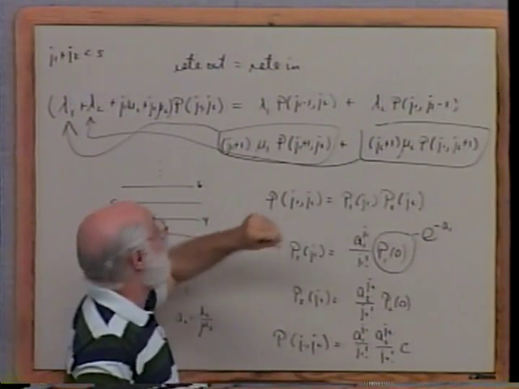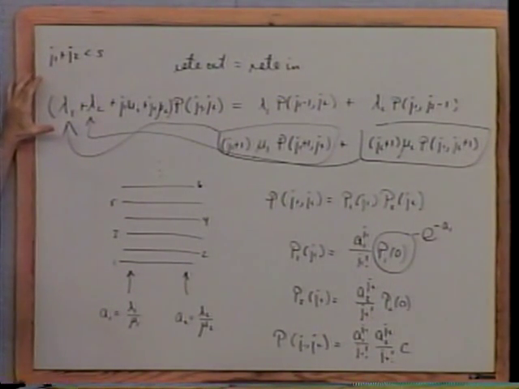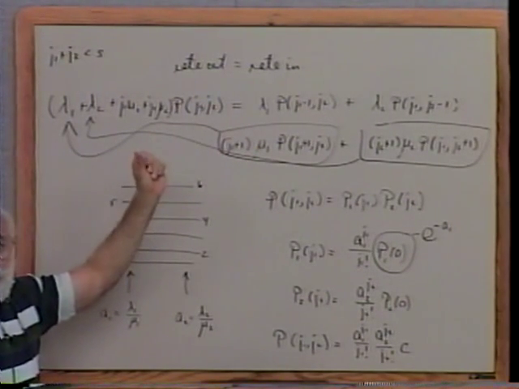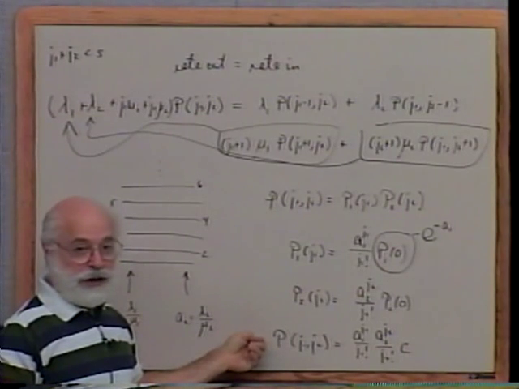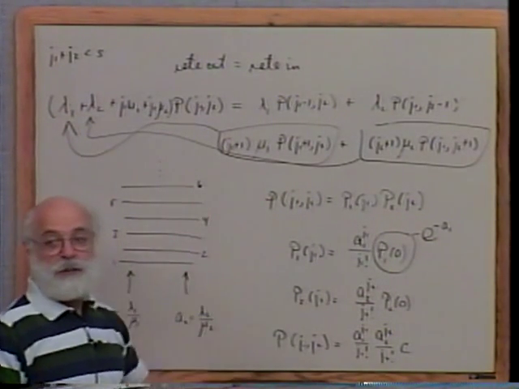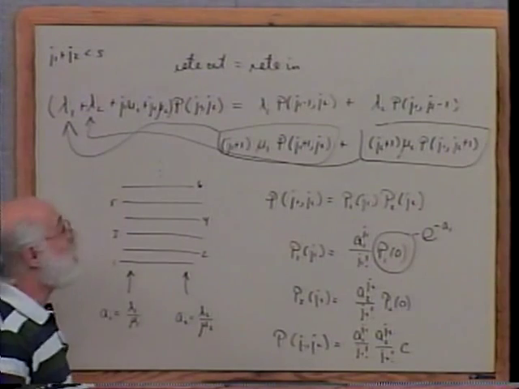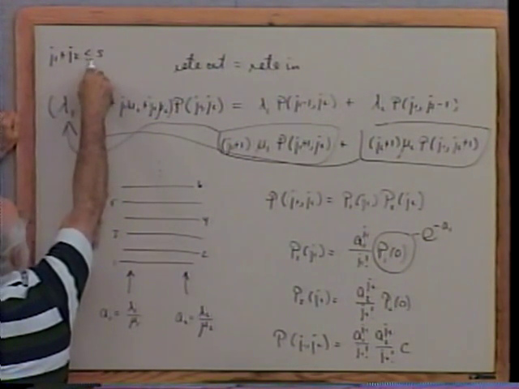So as long as J1 and J2 are less than S, as long as I'm not on the boundary, then I have the same equations as before. Which means that if I substituted the same solution it would work in every case except possibly on the boundary. Because if it doesn't work on the boundary, then it doesn't work, because it has to be the solution everywhere. So now let's look at the boundary case. So now I'm going to take the case in which J1 plus J2 is equal to S.